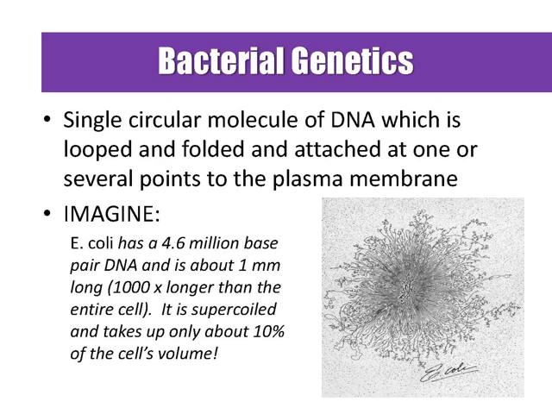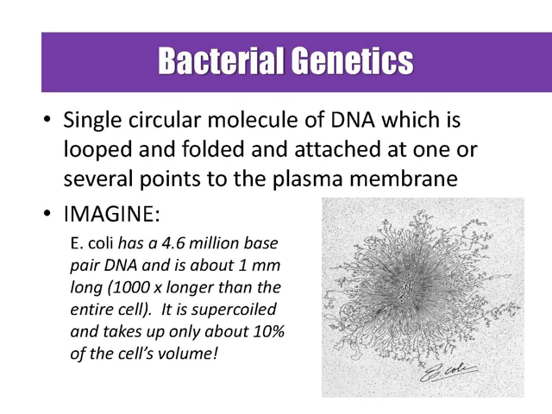This is a picture of an E. coli chromosome. The E. coli has basically around 4.6 million base pairs of DNA, the nucleotides, and it is about 1 millimeter long. The size of E. coli cells is around a micrometer, right?